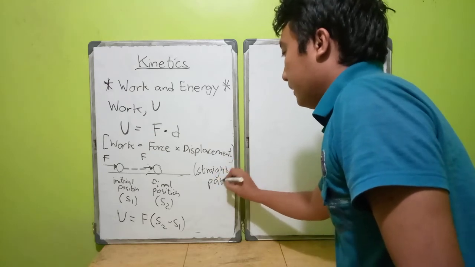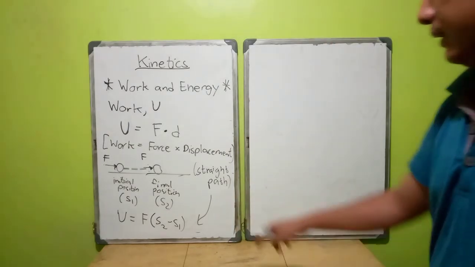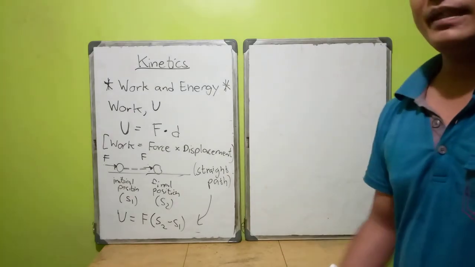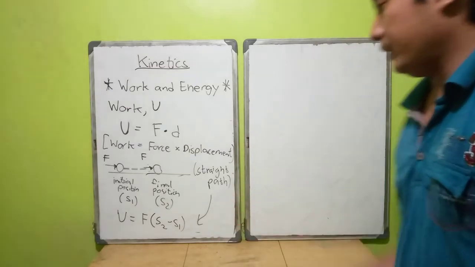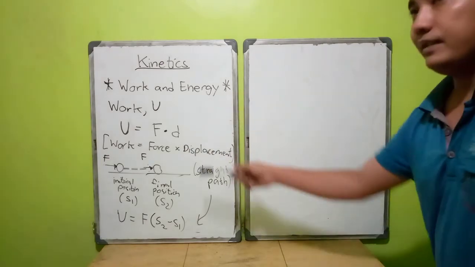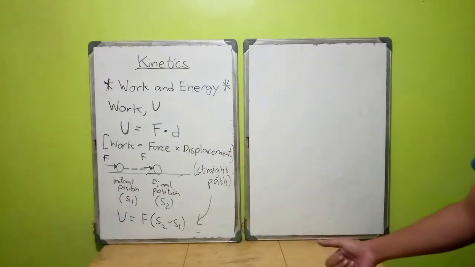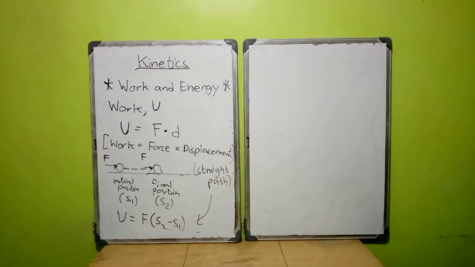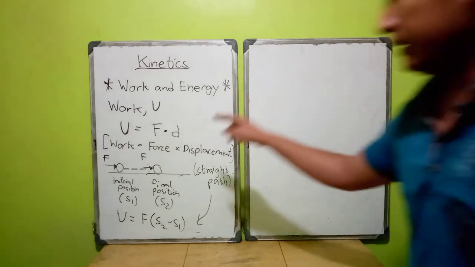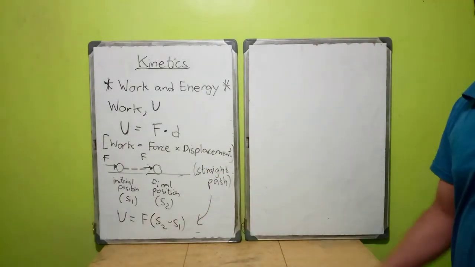This formula applies when your force is moving in a straight path. Or you can relate it: work is equal to force times displacement, and we all know that displacement is your change in position. This is applicable when you are traveling in a straight horizontal path.